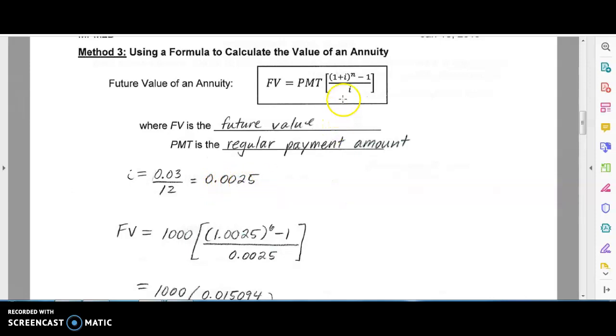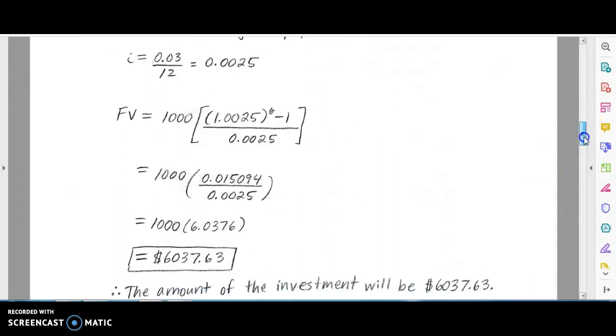Okay, N is the number of compounding periods, and here, because it's compounded monthly and the investment lasts for 6 months, that means we have 6 compounding periods, so you have to the power of 6 here. Okay, so once you have all your values, plug them in, and at this stage you let your calculator do the rest of the work.